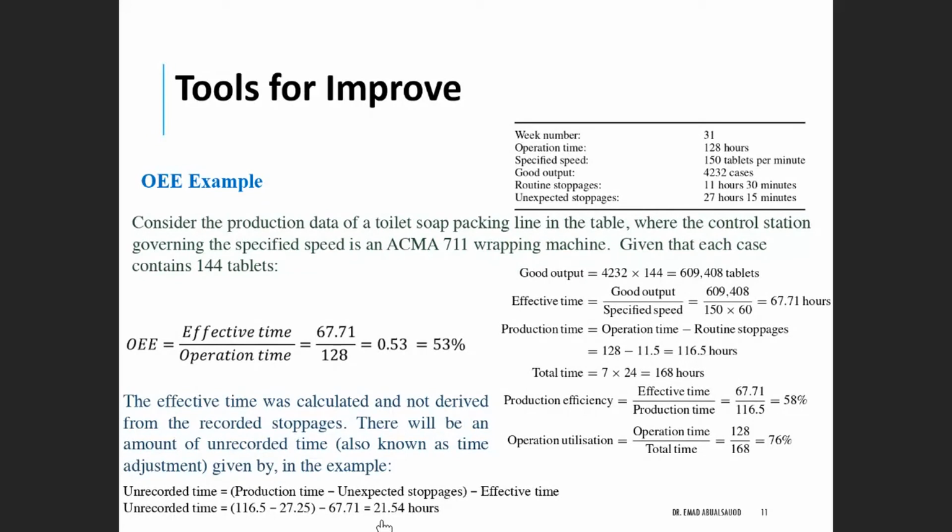So all this analysis will lead you to several directions for improvement to reduce this waste or non-value-added time in the operation, as well as to increase the efficiency of production and overall equipment efficiency.